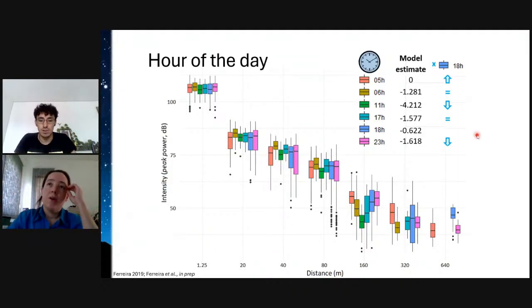And what we found was that dusk is actually a good time to vocalize, so it's the first half of the night. But 5 a.m., that's dawn, the sunrise, is the best moment to vocalize. It's the moment where vocalizations propagate better.